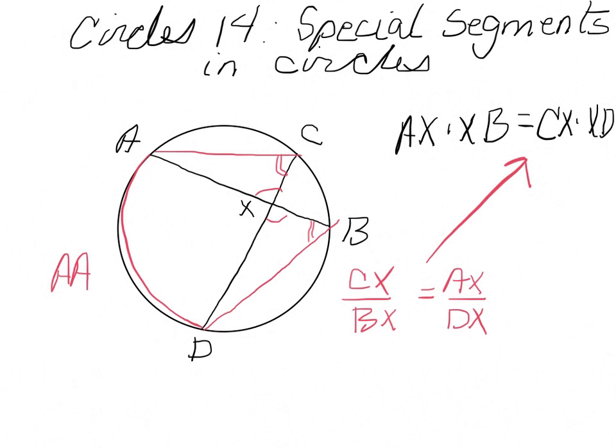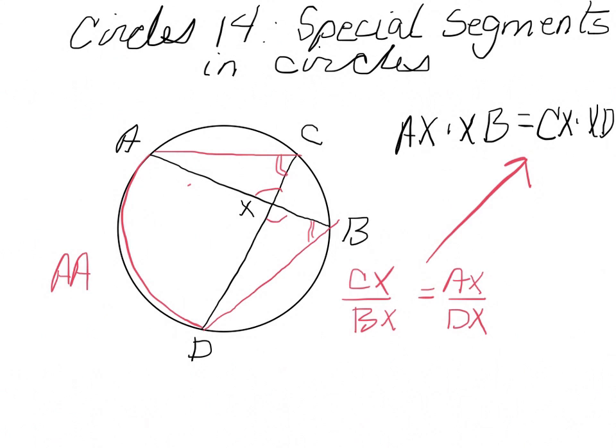So a couple of ways to remember this one: if you forget that you can multiply the two pieces on the chord times each other, you could just remember that these triangles are similar and you could take corresponding pieces and set up equal ratios. And once you have the ratios, then that's essentially the same thing. And that's why this theorem works.